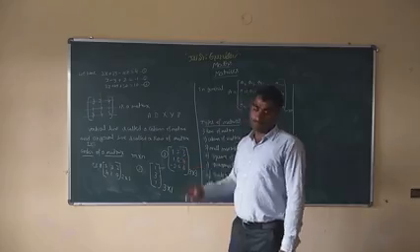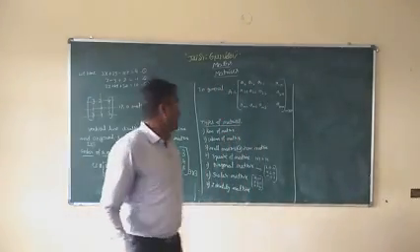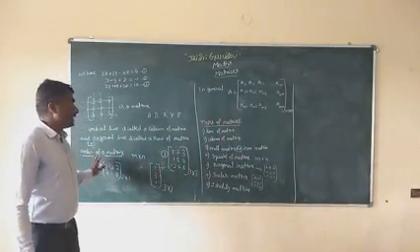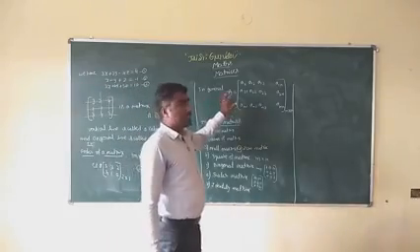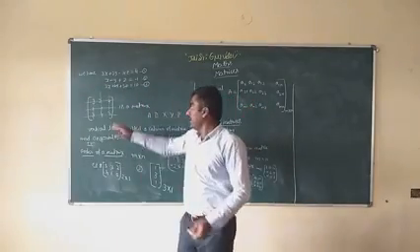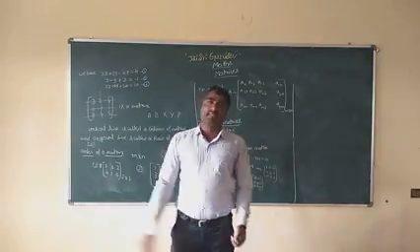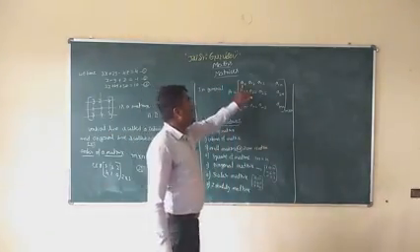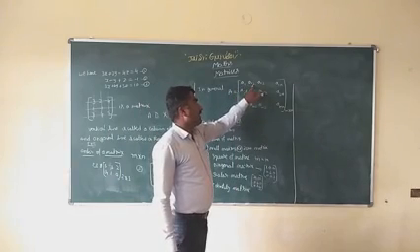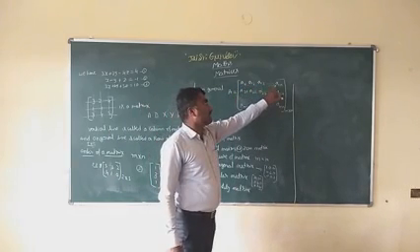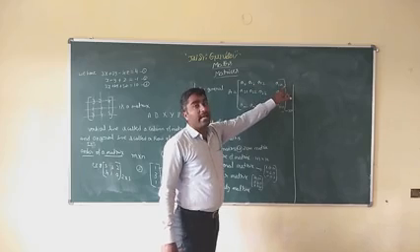Example number 3. So next is in general. Generally, we can write the matrix generally. It is also a 3 cross 3 matrix. Order of matrix in general, we can write A11, A12, A13, and so on, A1n.